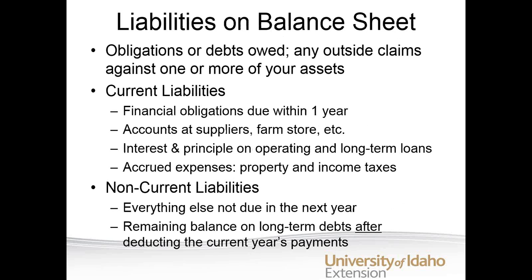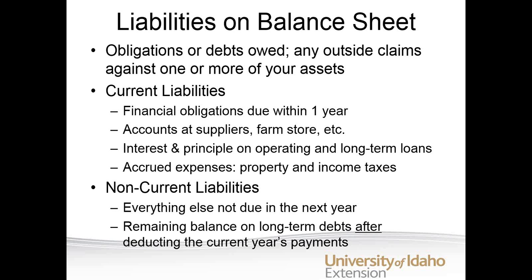On the liability side of things, current liabilities include the obligations due within 1 year. So that would include the obligations on notes that are due within that current year, plus accounts payable, interest and principal on the long-term loans and operating loans, and also accrued expenses.